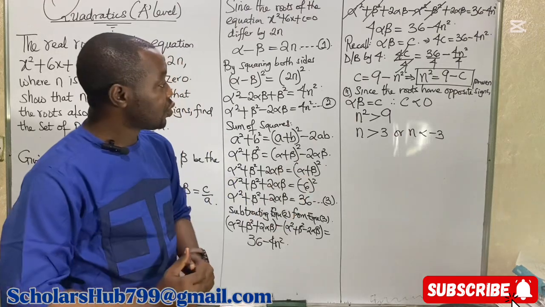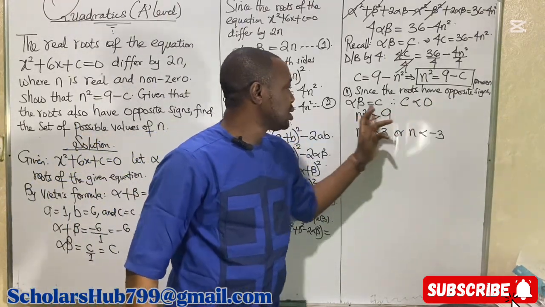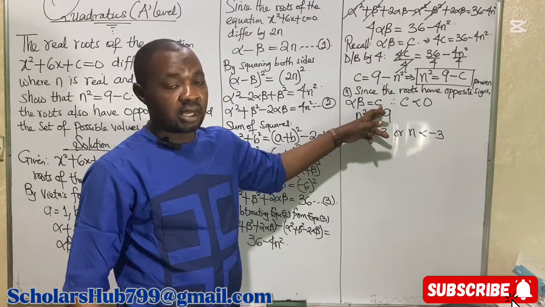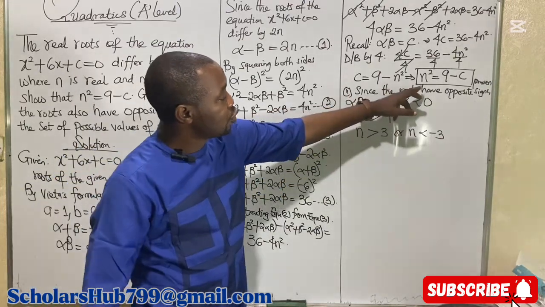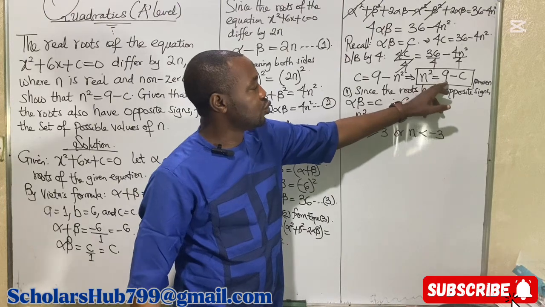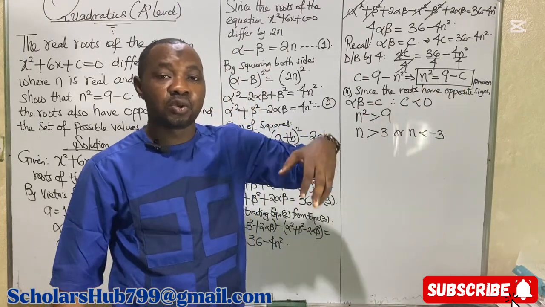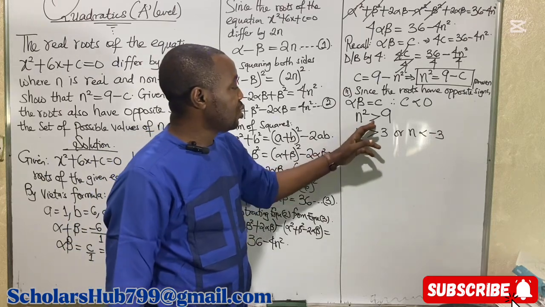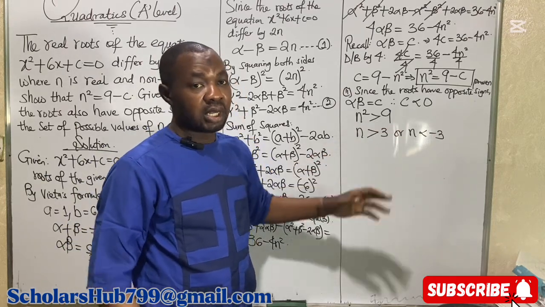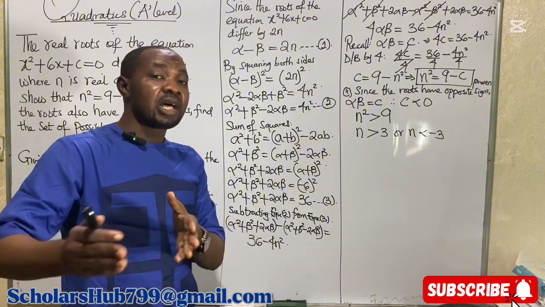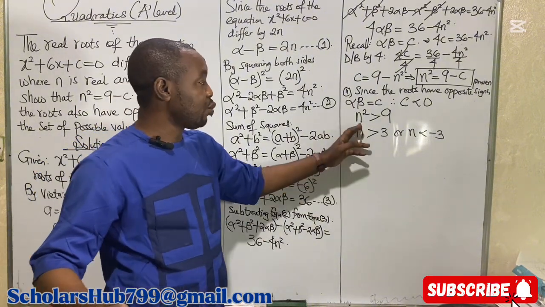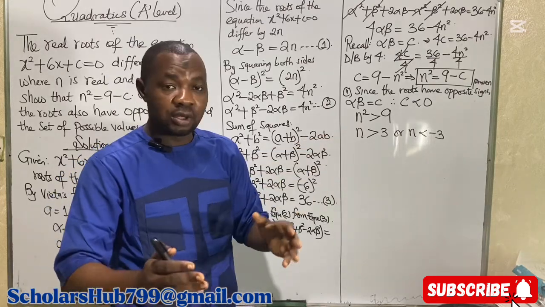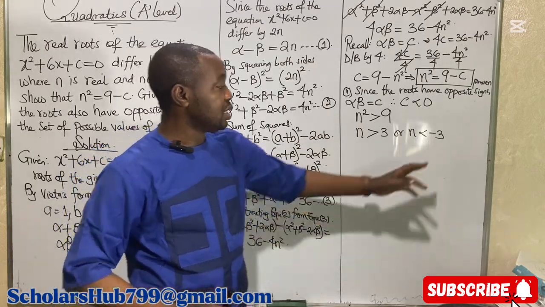But like I said, the condition is that since the roots have opposite signs, the product of roots equals c, and from what we showed, n squared equals 9 minus c, where n is a non-zero number. So n squared will be greater than 9, because c is less than 0.